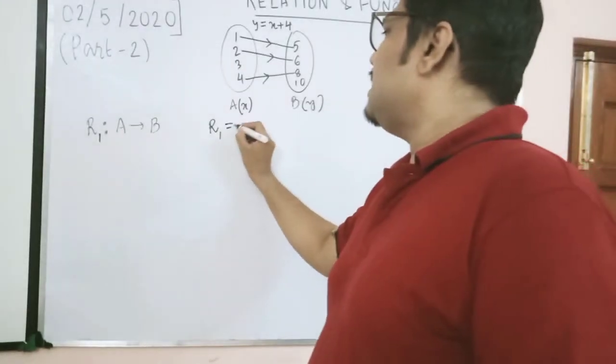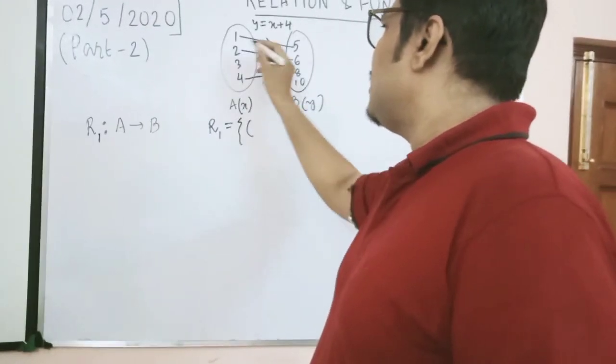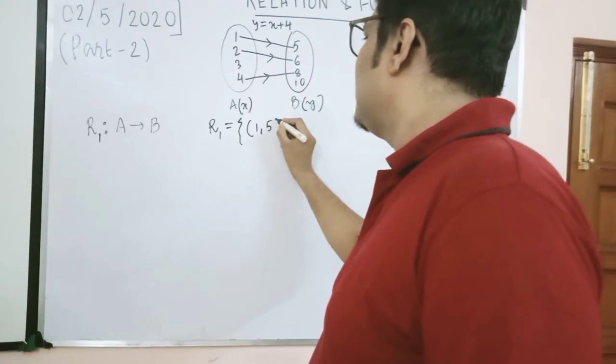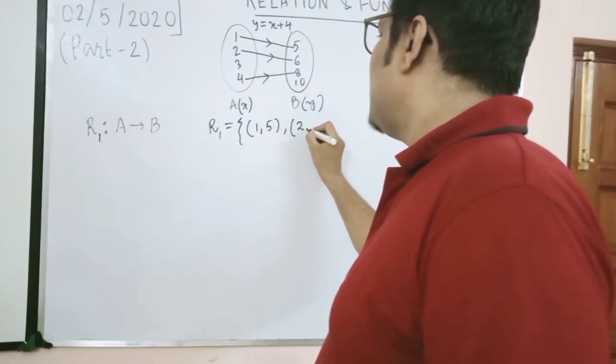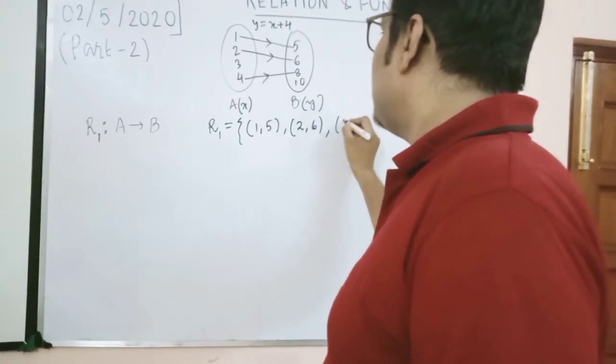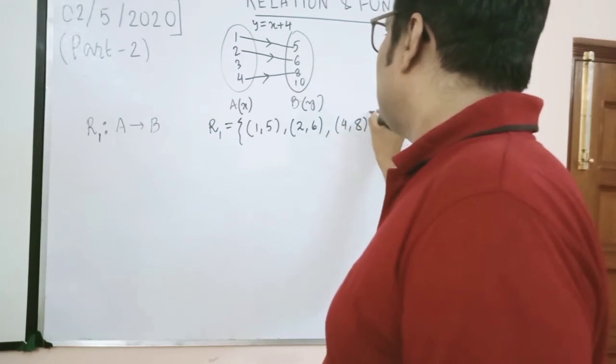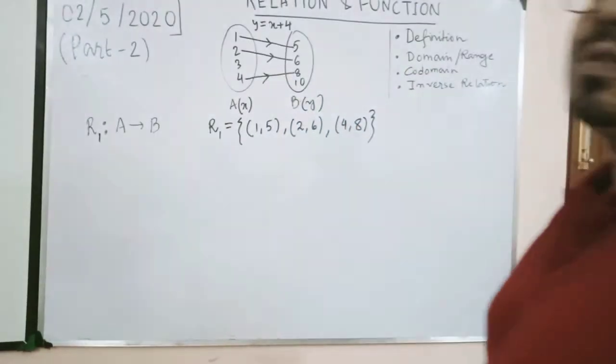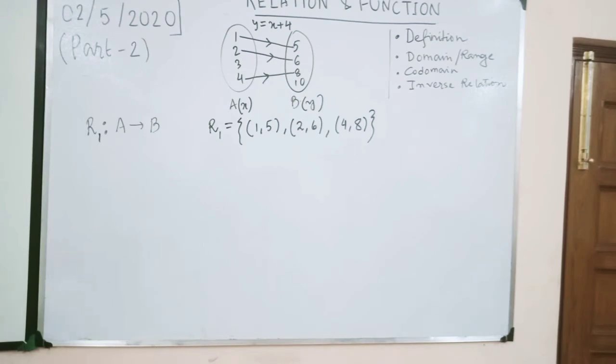Here I will write only the connected ordered pairs, that is (1, 5), (2, 6) and (4, 8). Why do I write these ordered pairs only? It's only because these ordered pairs follow the condition given above.